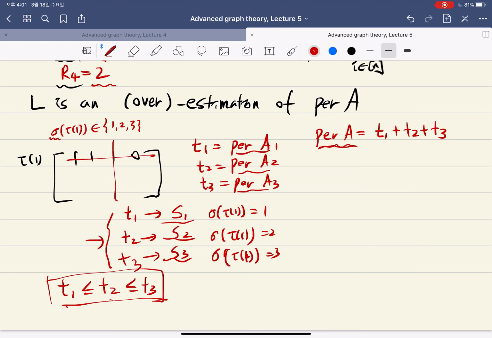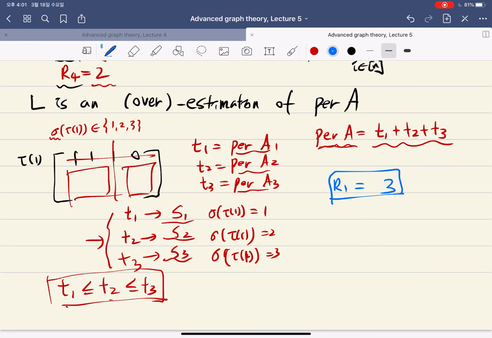But when we deleted it, the remaining thing, we have to measure it again. So what we do is, instead of computing this, we just write 3. In this case, the R1 is 3. So we write down 3, and then we keep estimating the remaining permanent.